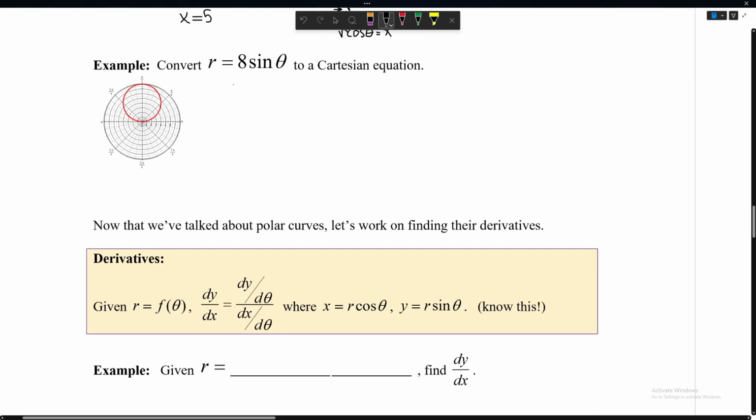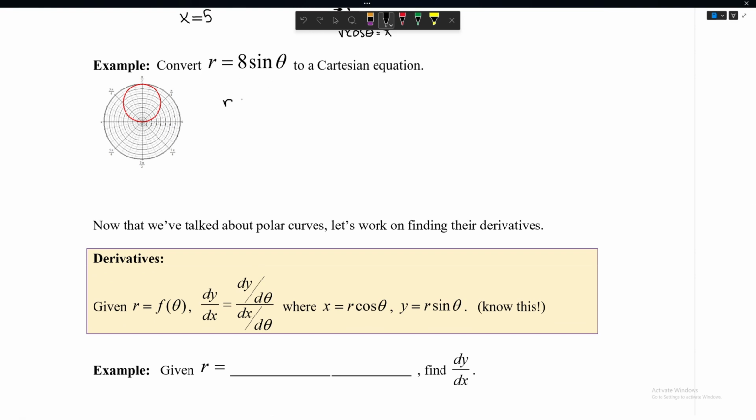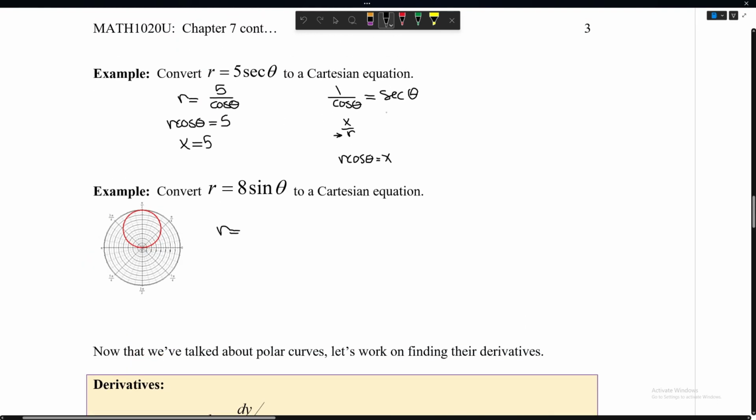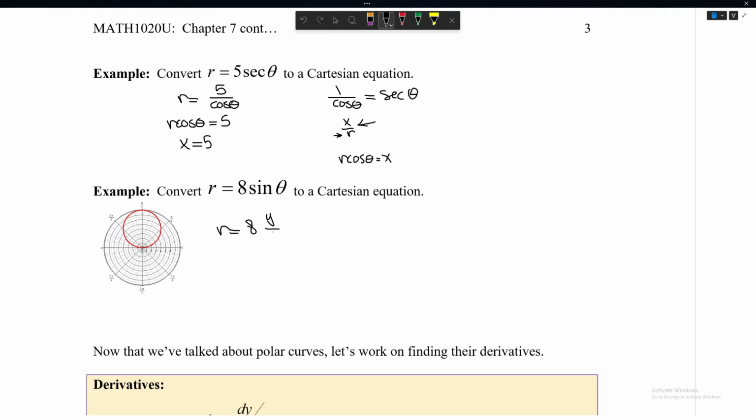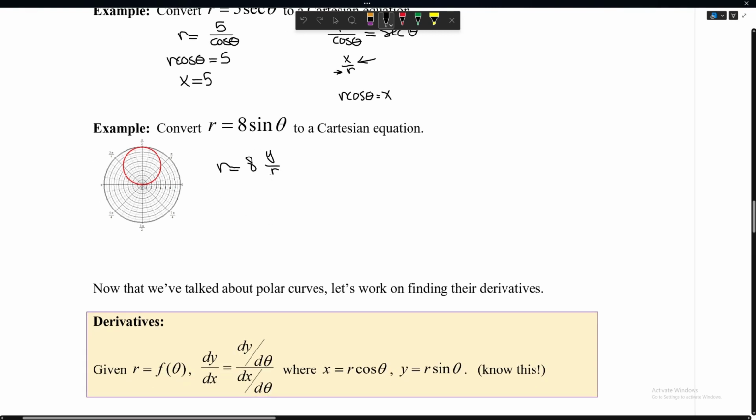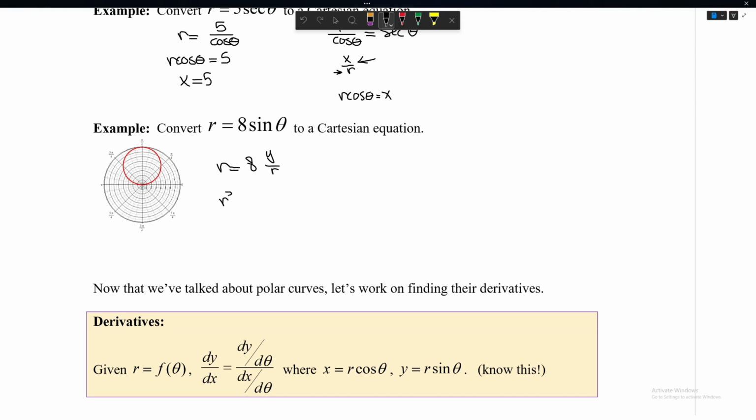Now convert r sine to Cartesian equation. You could do the same thing here. Well, this actually is a division, so it's not the same thing. Like we said here, sine is y over r. How do I get rid of my r? This is here and this is here, so I could multiply. Now I'm one step closer because I got the r squared.